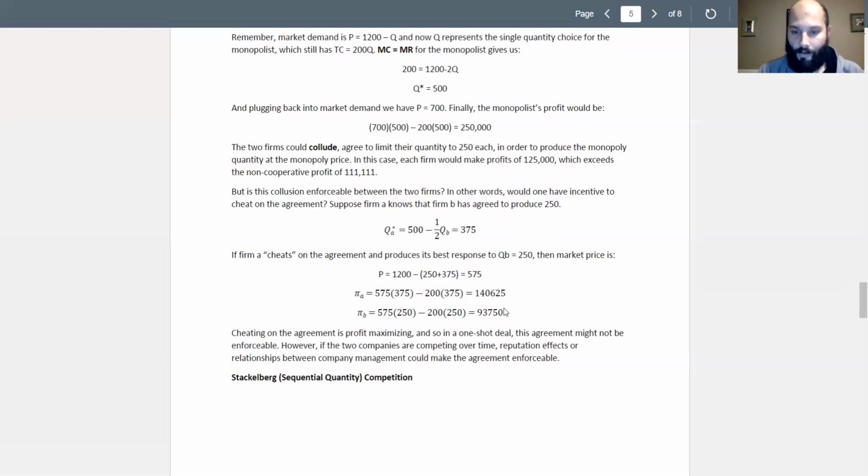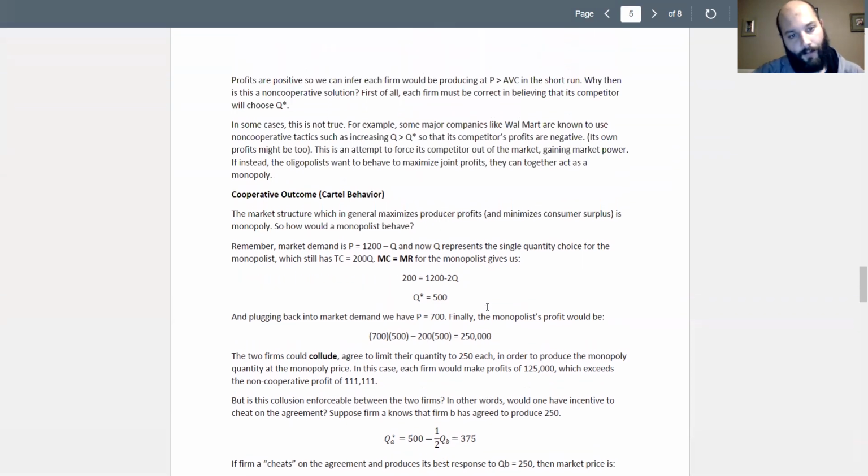And so if this was a one-shot deal, the agreement might not be enforceable. Each firm, again, we could flip it and do B and A. Each firm would have an incentive to produce more than the agreed upon amount and make profit at the expense of the other. The way that this could be enforceable is if the two companies are competing over time. So you have some sort of reputation effects, or there might be relationships between company management.